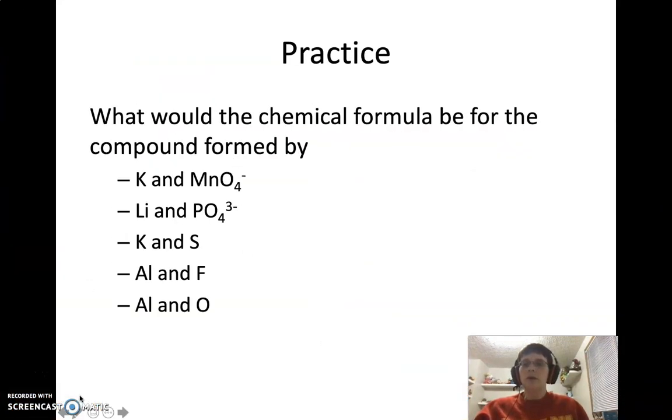So let me grab my pen. So we've got potassium with its +1, and we've got sulfur, and we know it makes a -2 ion. Same as we've done before, we're going to swap these locations.